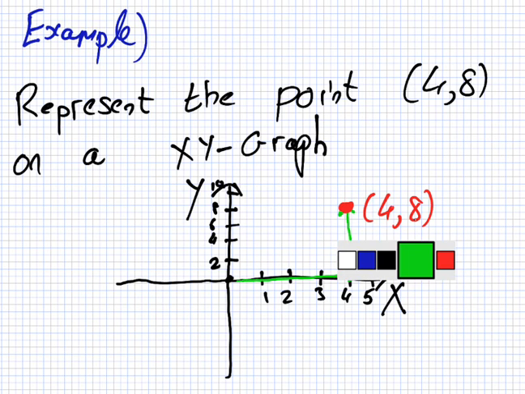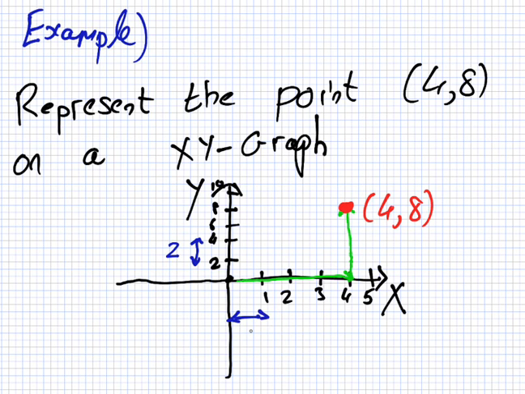And if it was negative, we go left or we go down. Question. You see here, this is 2 units, and this here is, for example, 1 unit. Do they need to be the same size? For example, if this was 1 centimeter, can this also be 1 centimeter?